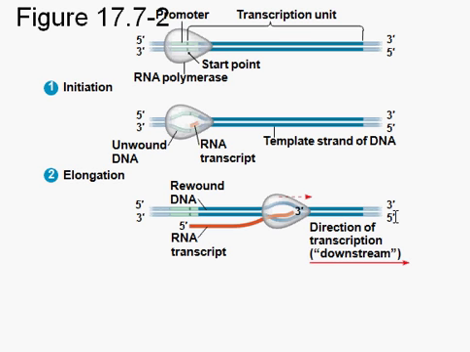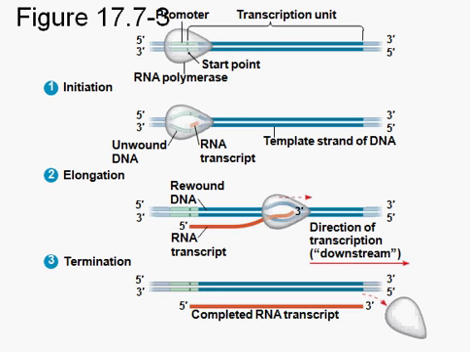Our last step is termination of transcription, and this occurs when we have some sort of termination sequence. How that occurs depends on whether this is eukaryotic or prokaryotic. But what is common for all is that at this point, RNA polymerase removes itself from the DNA, and the messenger RNA is separated from the RNA polymerase as well.